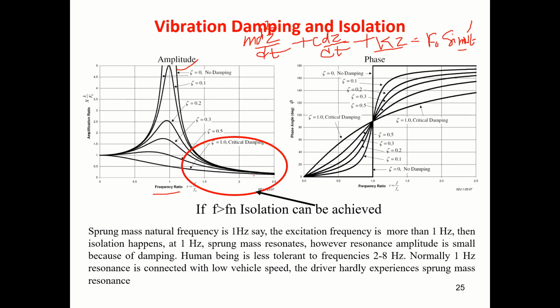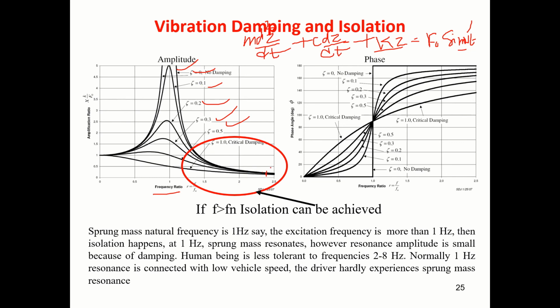You see here, the frequency ratios are different. f by fn is 1, here 1, then 1.5, 2, 2.5, something like that. If you see in this region, what your zeta value is immaterial. In all cases, you see the amplification ratio remains the same. So I do not necessarily have to bother about zeta at all.